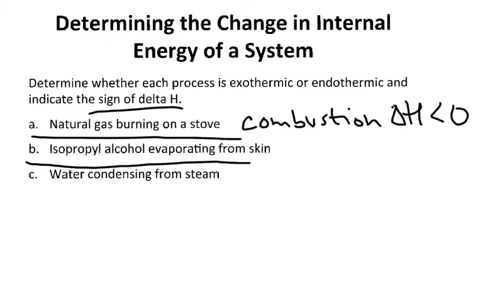So the heat from your body is going to be put into that system. The system is the rubbing alcohol. So you have to add energy essentially in order for the isopropyl alcohol to evaporate. So delta H in this case is going to be greater than zero. It's going to be a positive value, and it's going to be endothermic.